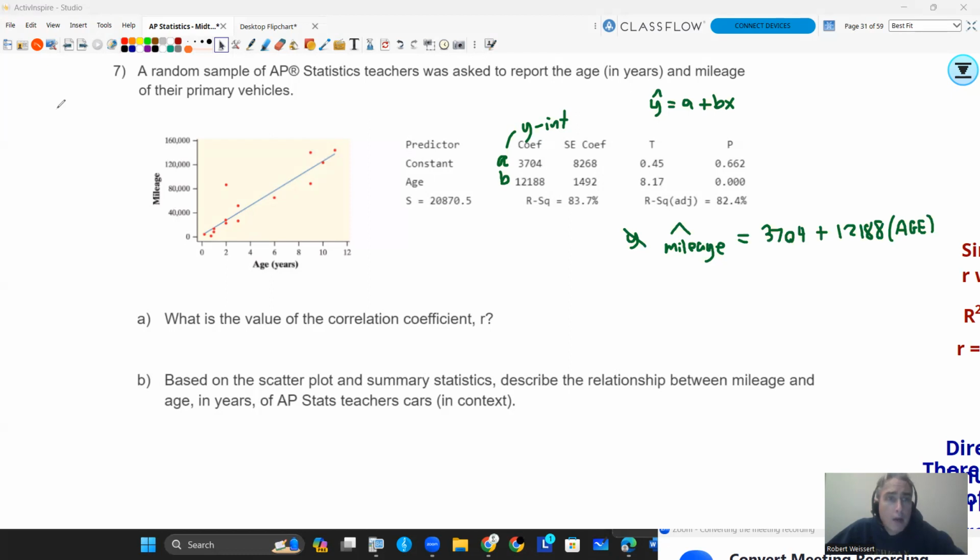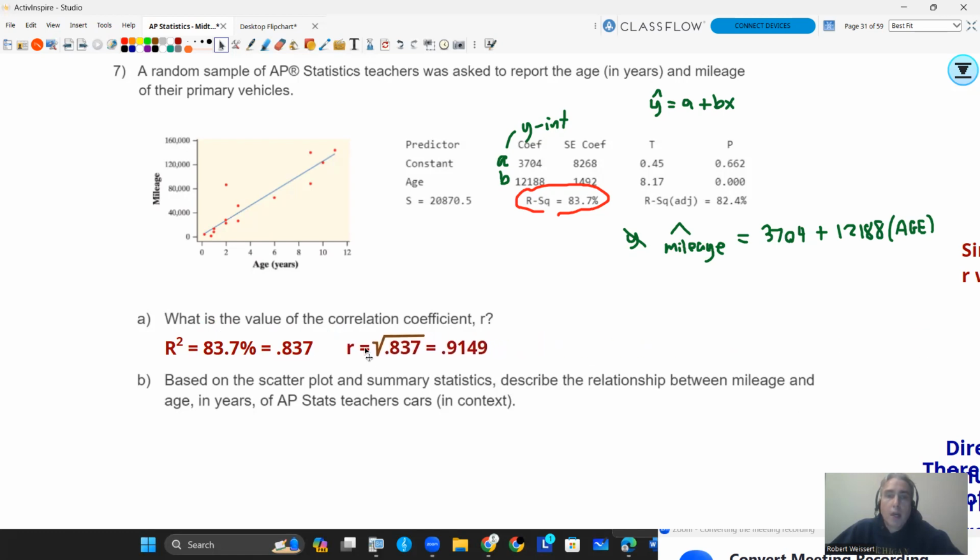Now, the value of the correlation coefficient R: you'll notice that they're going to give you R squared in these computer outputs. I shouldn't say never, but they usually don't give you R. So to get the R, you take the square root of that. You have to be careful though, because I know R squared is 83.7%. You want to make sure it's a decimal.